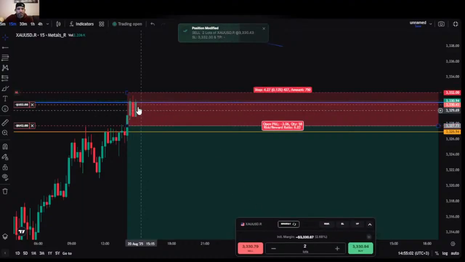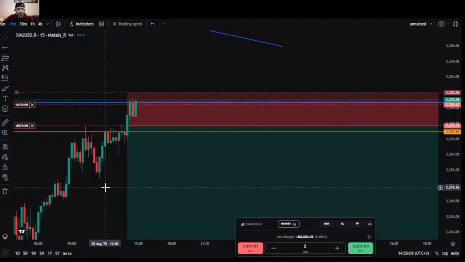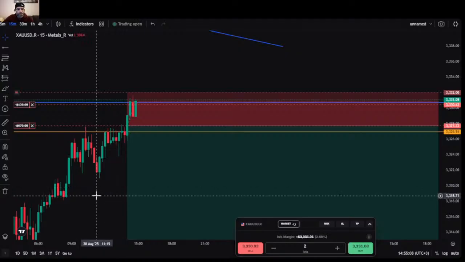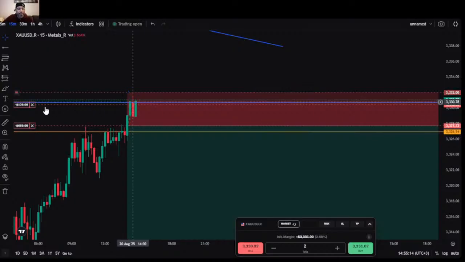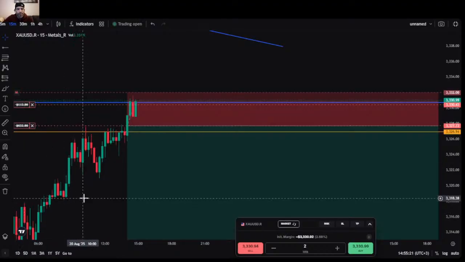Yeah, I use the same stop loss. I took another entry up here. If it comes up, it's okay with me. I want to see if we flip here and this will start moving into profit and cover the drawdown on the first entry there.